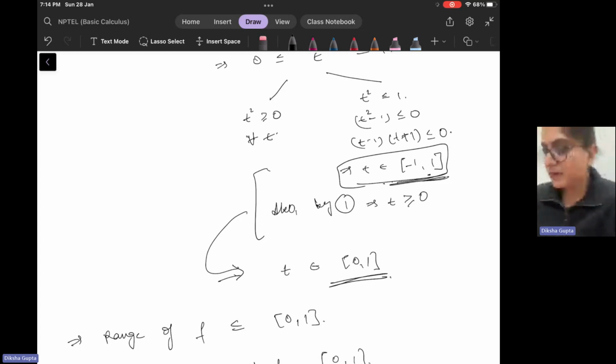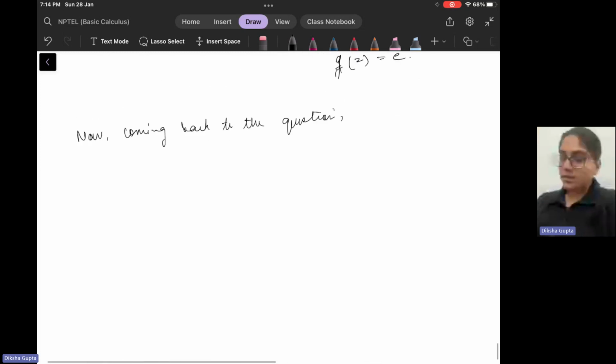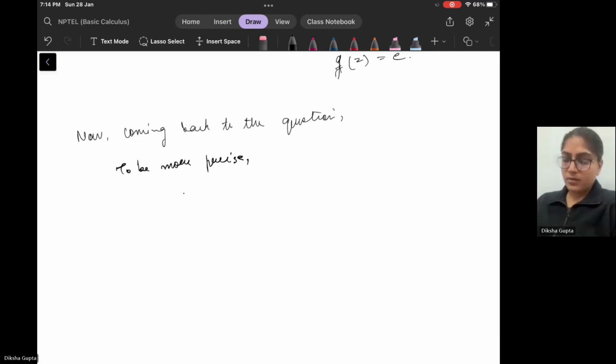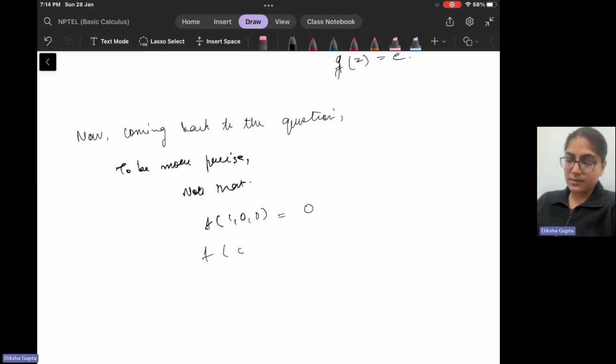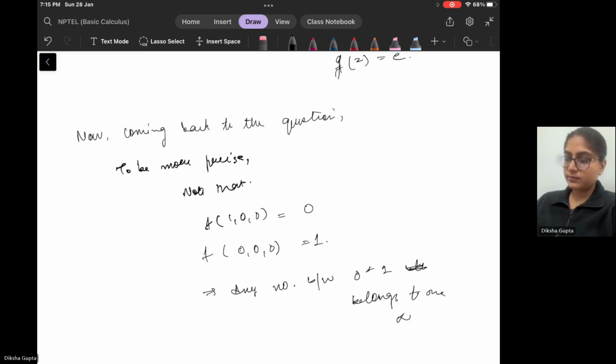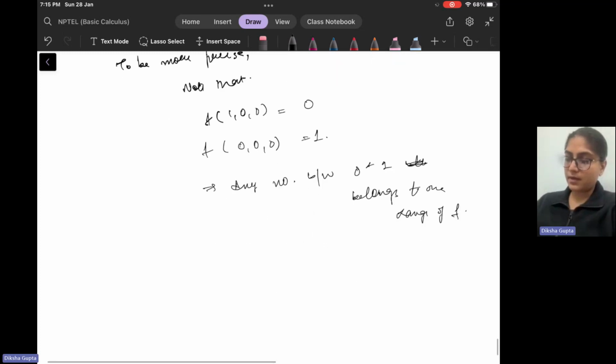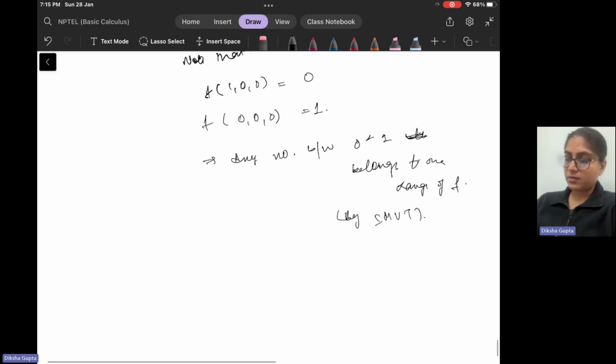We have already shown that 0 and 1 belong to the range, but to be more precise, note that f of (1, 0, 0) is 0 and f of (0, 0, 0) is 1, implies any number between 0 and 1 belongs to the range of f by the intermediate value theorem.